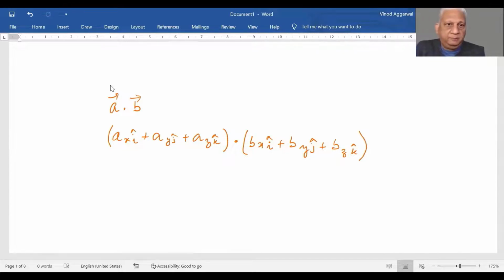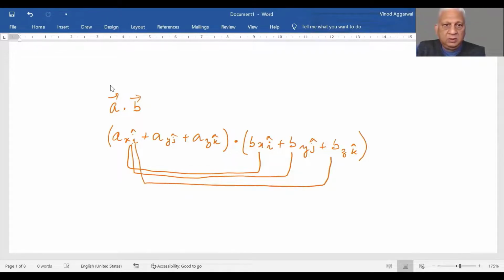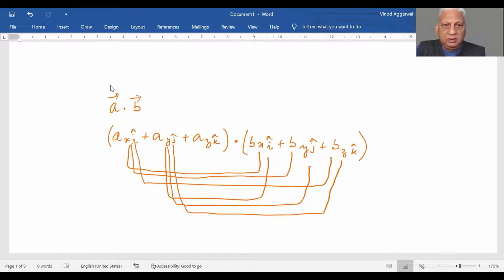Now all individual terms of one have to be multiplied by each individual term of the other, which means we take the dot product of this with this, plus this with this, plus this with this, and so on for all nine combinations.